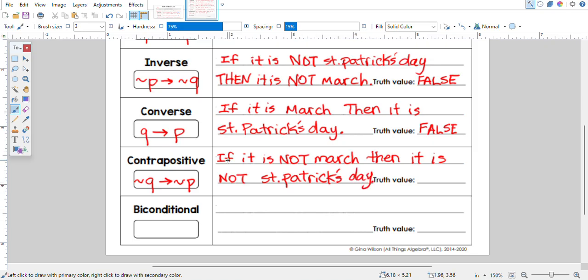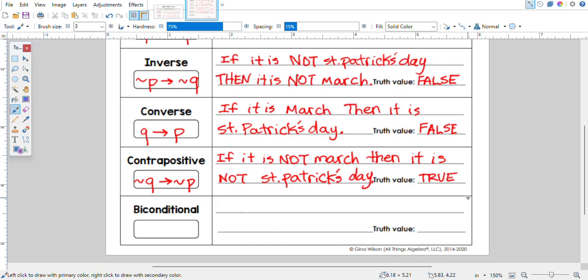Cutting it close there. Well, St. Patrick's Day is a day in March. So if it's not March, then this is true because it can't be St. Patrick's Day. So this is a true statement. It could be May, it could be February, it could be April, it could be any other month. And St. Patrick's Day is only in March. So this is a true statement. If it's not March, then it's not St. Patrick's Day.